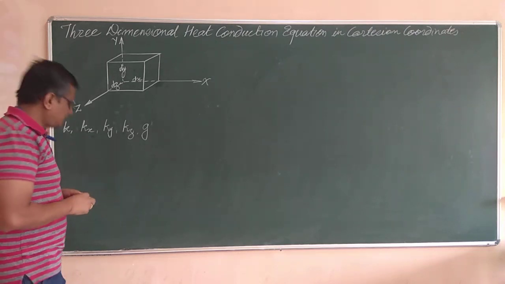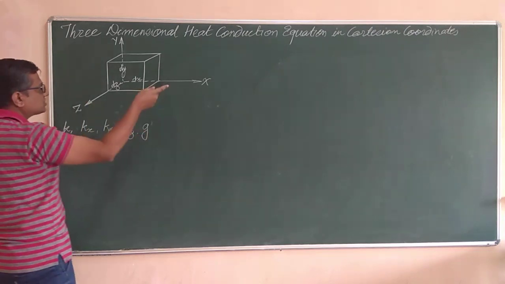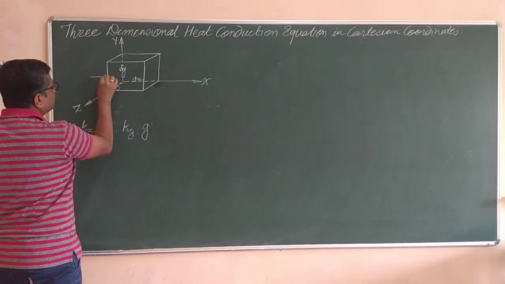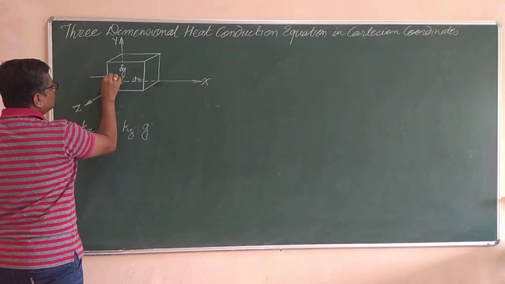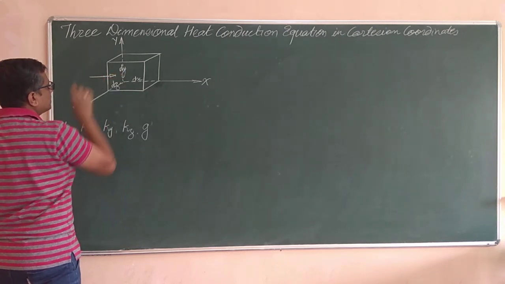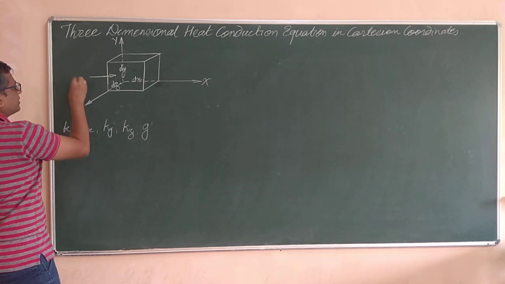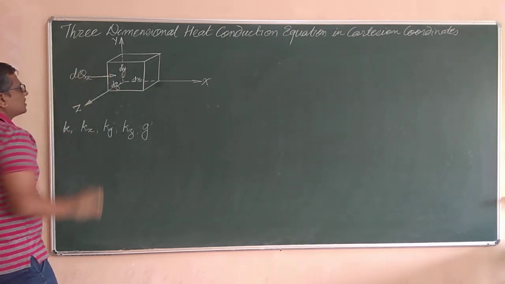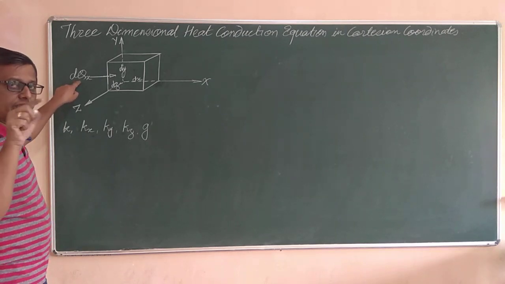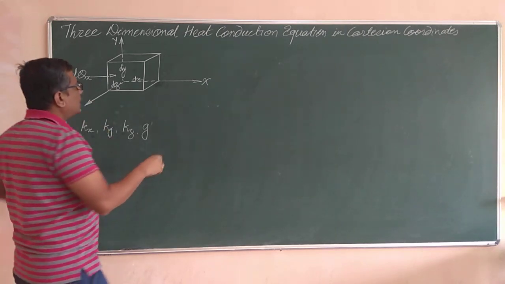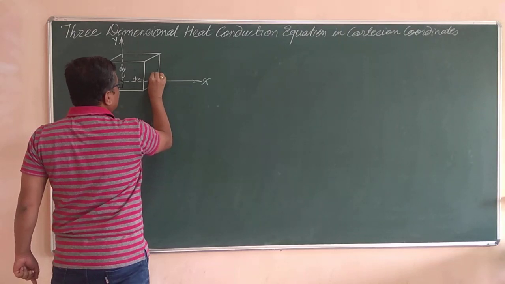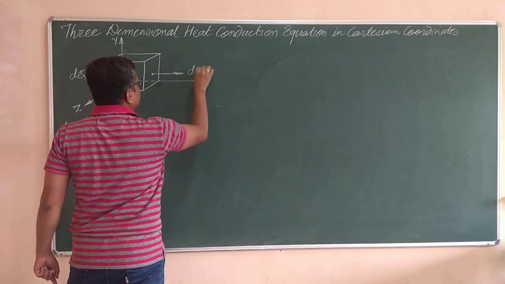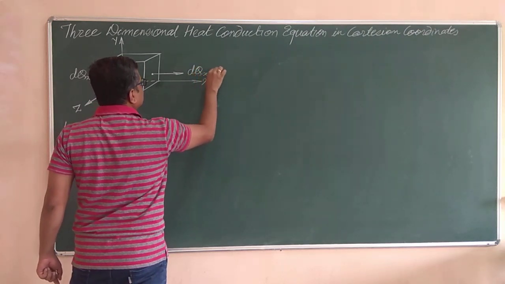So if I take the heat which is flowing into this element in the x direction, let us say it is dqx. dqx is the heat flowing into the element in the x direction, and the heat which is going out of this element in the x direction, let us say it is dqx plus dx.